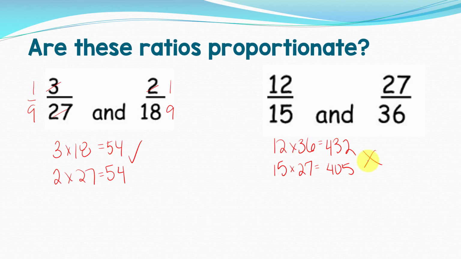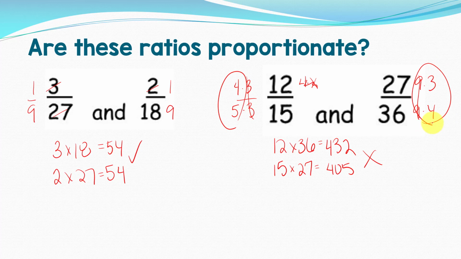If I reduce them, I would say, okay, 12 is 4 times 3, and this is the same thing as 5 times 3. So 3 is reduced. 27 is 9 times 3, and 36 is 9 times 4, so the 9's reduced. So we have a fraction of 4/5 and 3/4. I can see that those would not be proportionate.